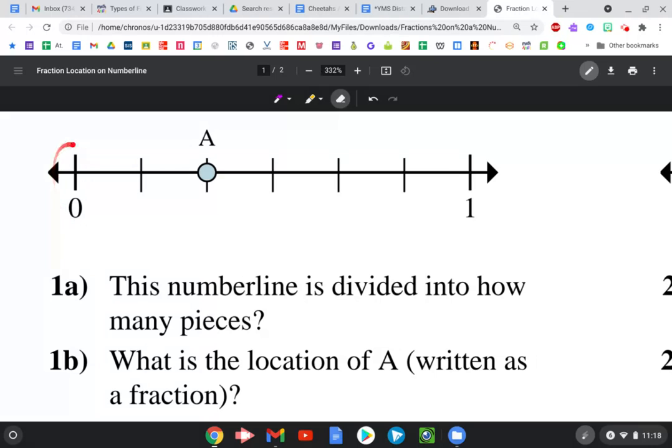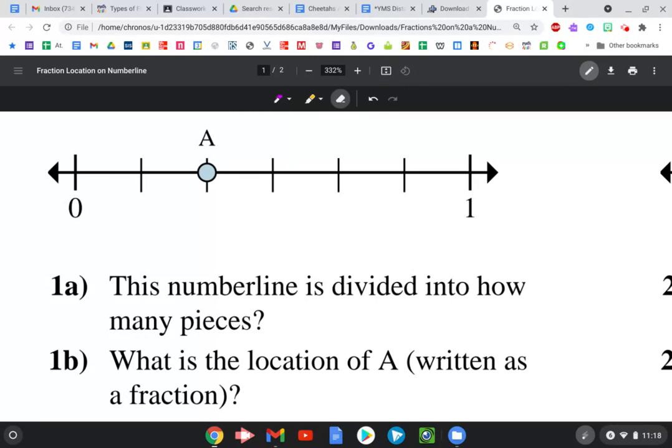Okay, we're going to start here. And then we're going to count each of the pieces. So this is 1, 2, 3, 4, 5, 6. This number line is broken into 6 pieces. And so we're talking about sixths.